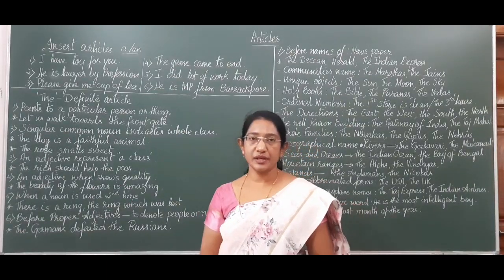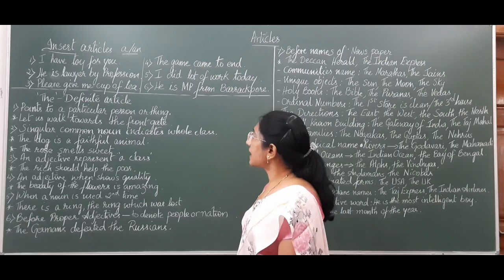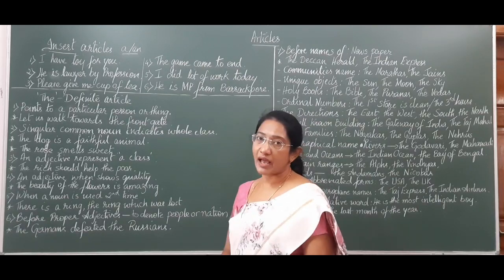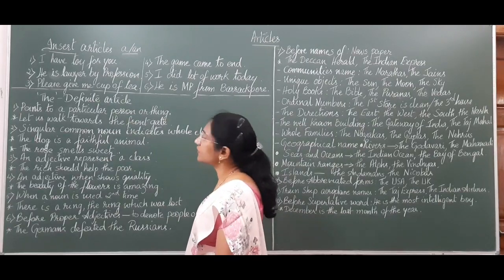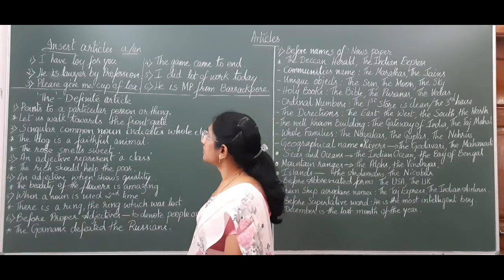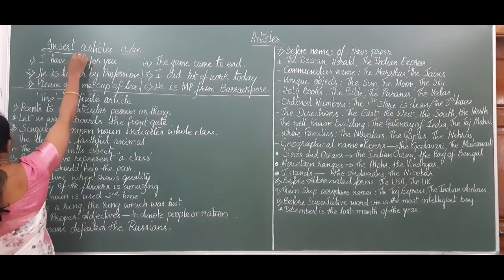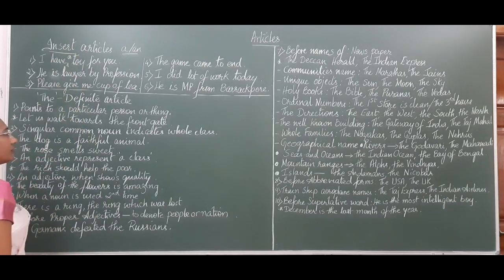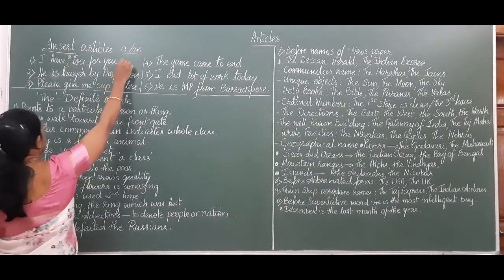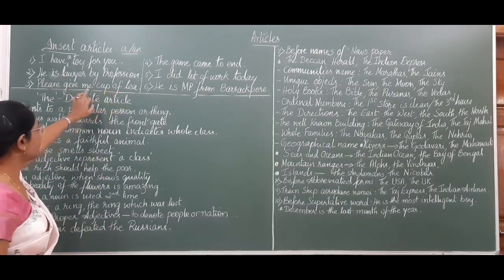Let us see the usage of a and an. Insert articles a or an suitably. I have a toy for you. So the proper article before the word toy is a.